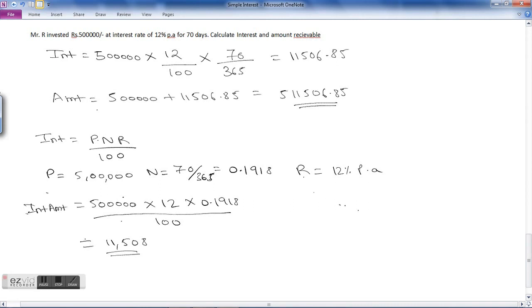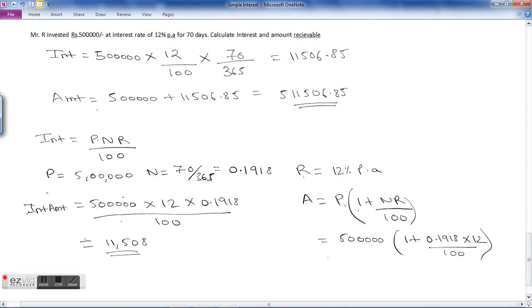Now let's calculate the amount receivable using the formula P into 1 plus NR upon 100. That comes to 5 lakh into 1 plus 0.1918 into 12 divided by 100.